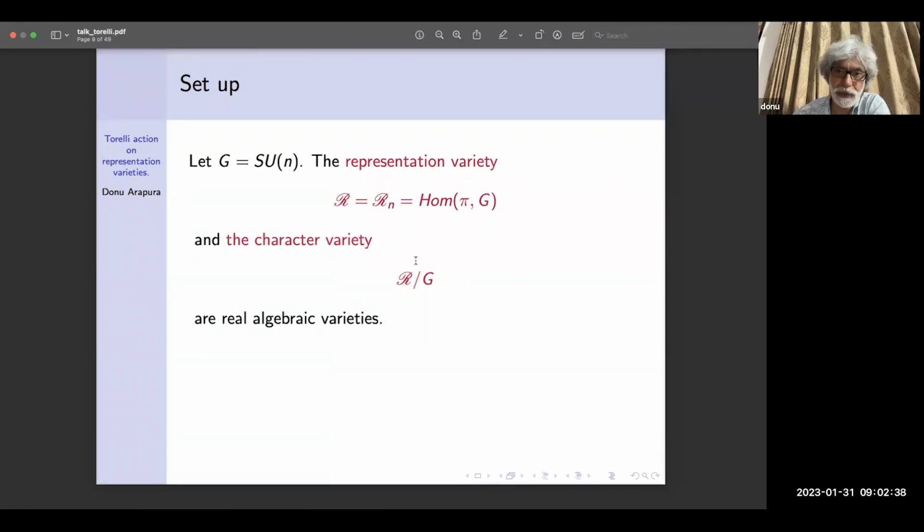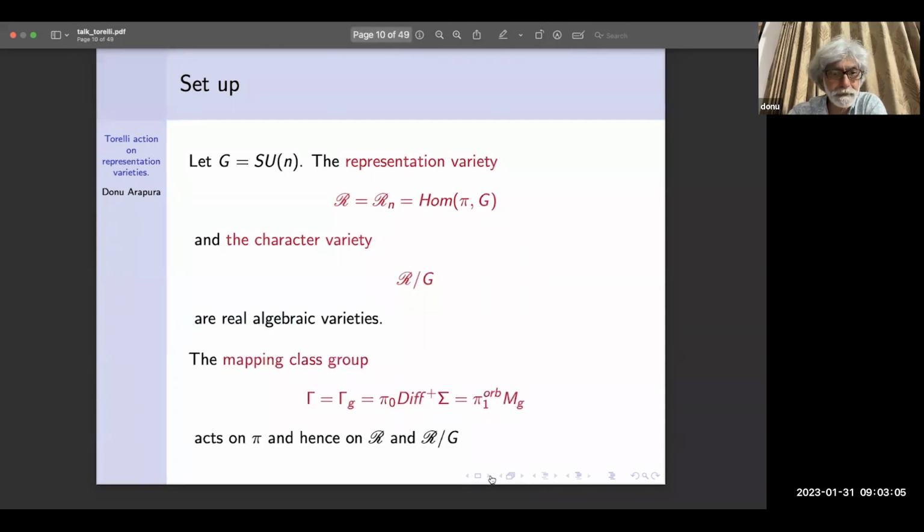And G acts on this set by conjugation. I just take the quotient, and this is sometimes called a character variety. If you think in terms of what the objects are, the points of this would represent conjugacy classes of representations. And as I said, these are real algebraic varieties.